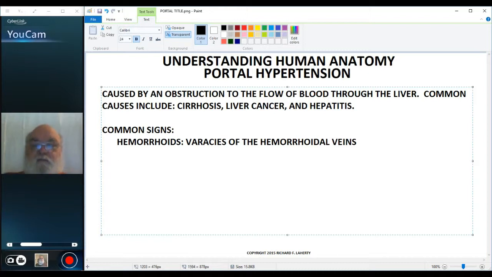With significant liver damage, we see varices in the esophagus.